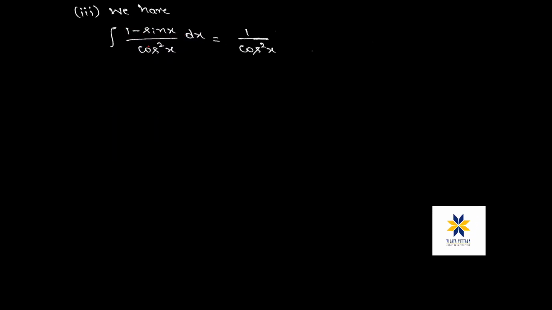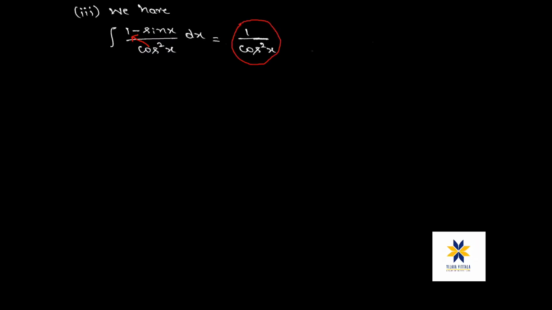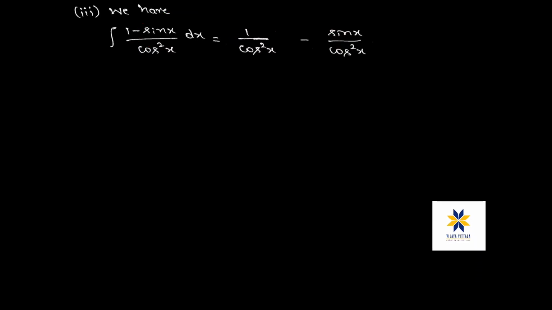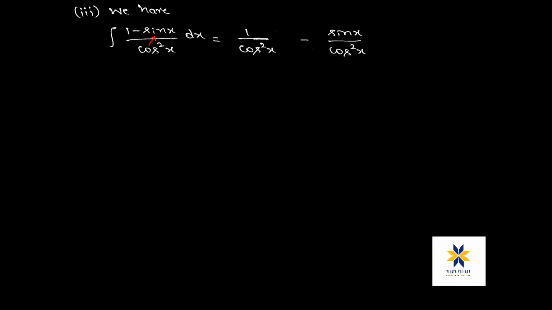When we separate this denominator, for 1 we get 1 divided by cos square x, minus, we write as it is now, minus sin x divided by cos square x. We have separated the denominator.